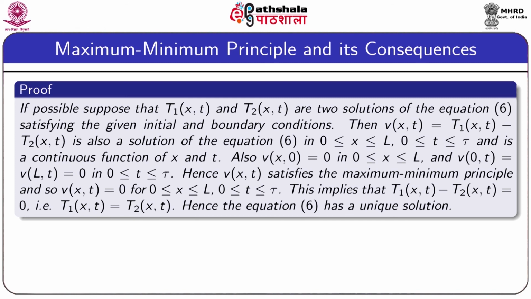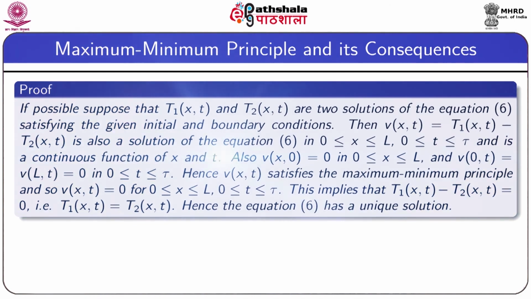Therefore, using the maximum minimum principle, we can say that the maximum and the minimum value of V are attained in the region gamma, and it is given that in the region gamma the value of V is 0.